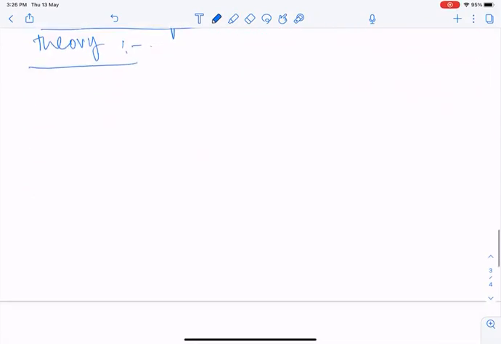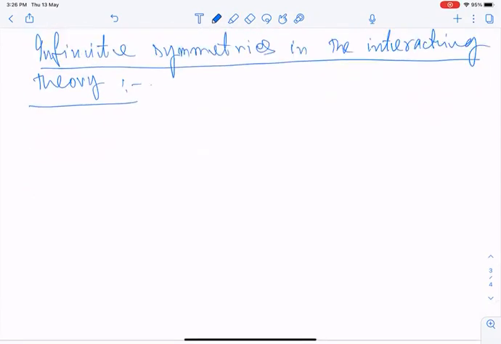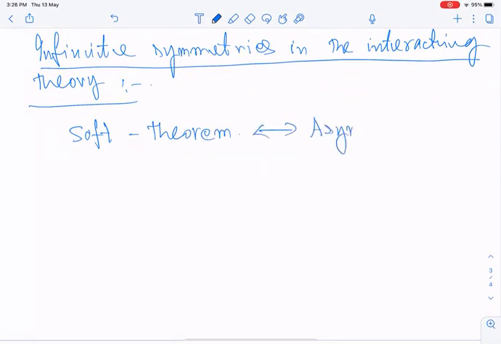So here, of course, I will use the relationship between the soft theorem and asymptotic symmetries.